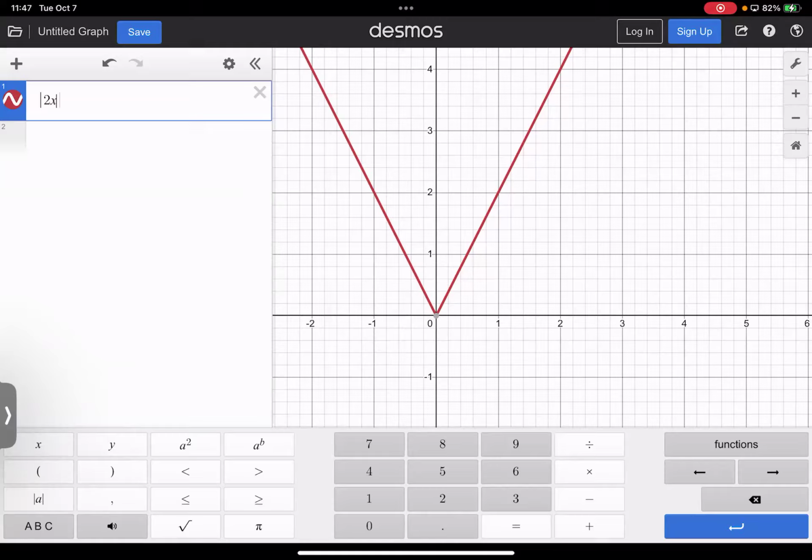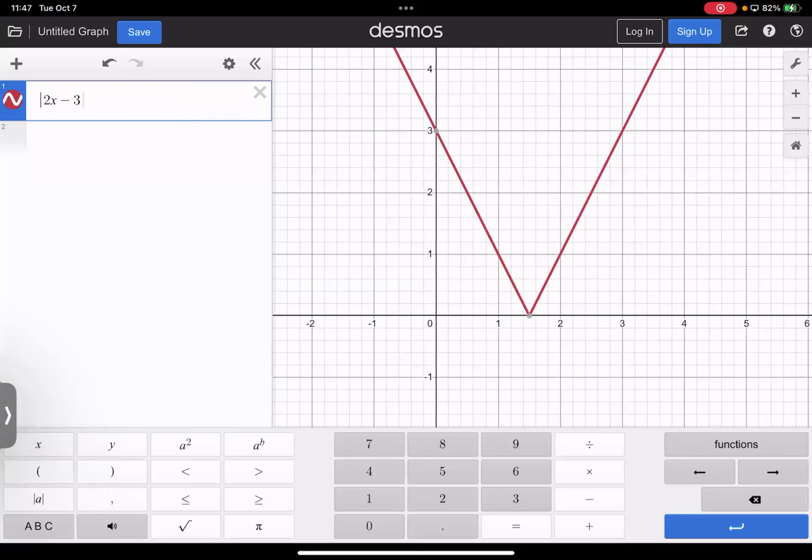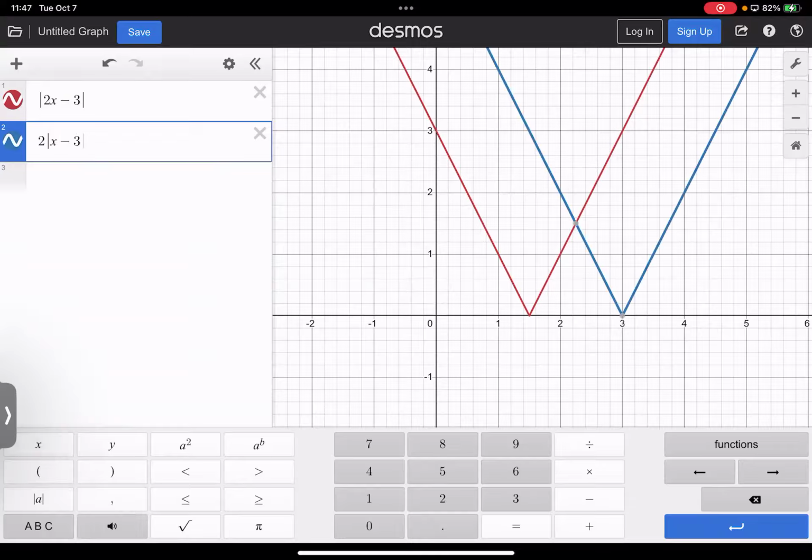Here the 2 is on the inside of the absolute value, so with 2x minus 3 in absolute value, you would find the absolute value of whatever is in the bracket first, then multiply by the outside. Versus 2 times x minus 3. So there is a difference.